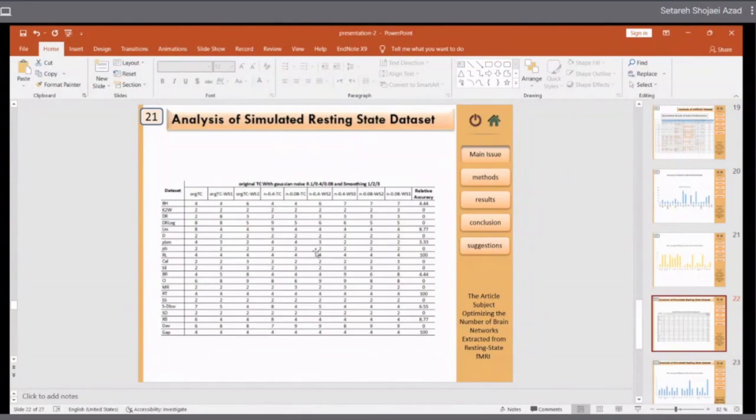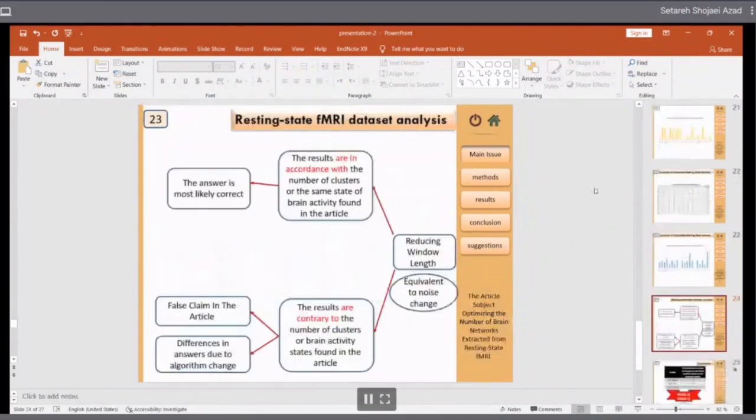Under these conditions, relative accuracy tells us that RL and RT did best. And these are the diagrams.